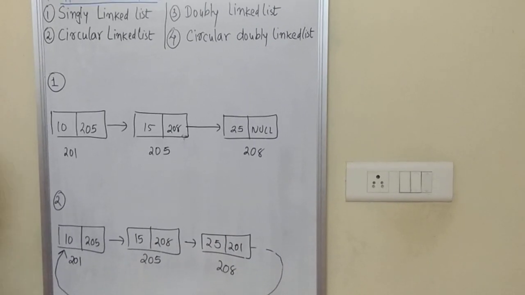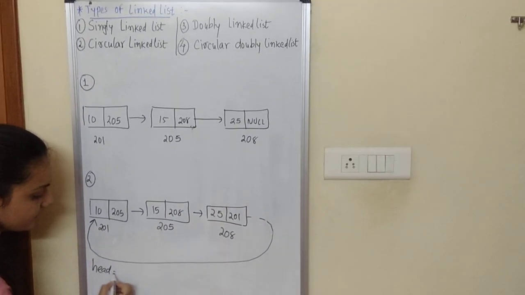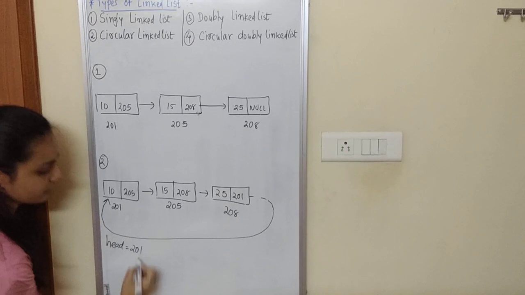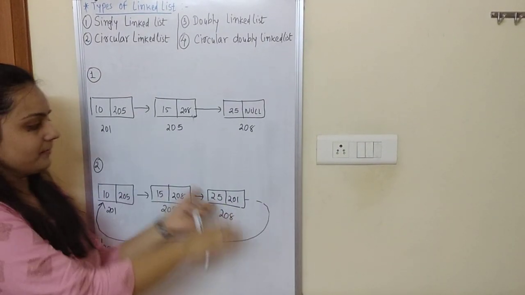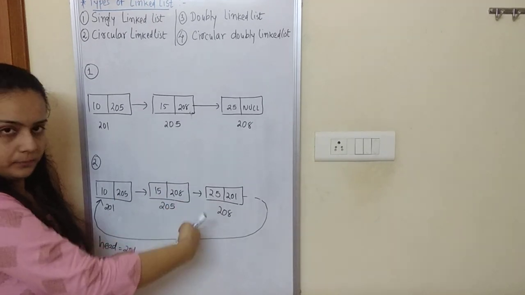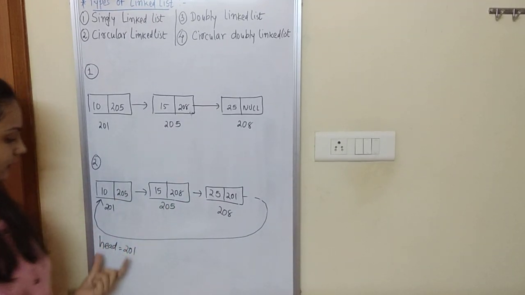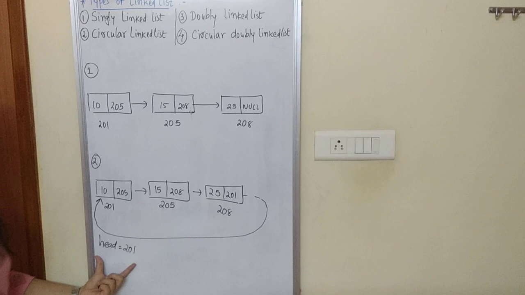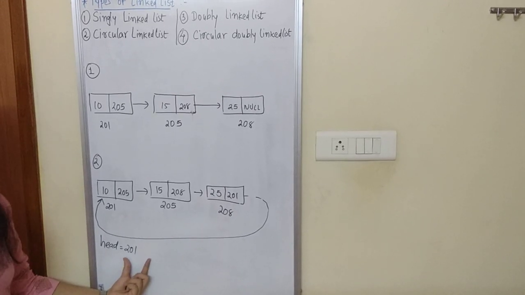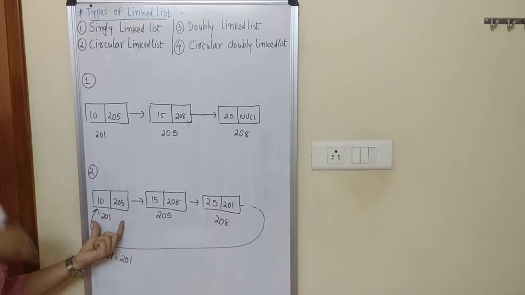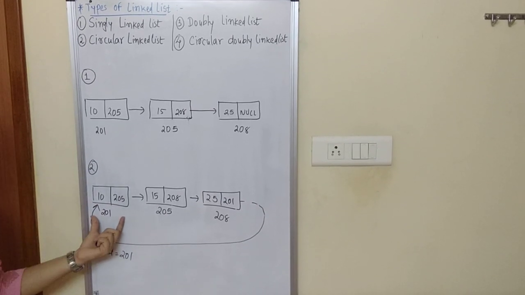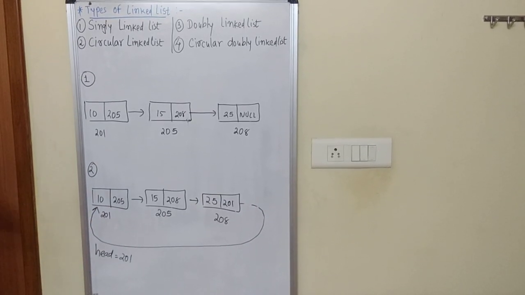Here your head pointer is indicated to this 201. As it is a circular fashion, your linked list might go in the infinite loop. So to avoid this, you have to indicate the head pointer, that is at 201. So as a user, you should know what is the starting or the initial node for your data. So this is the second type.